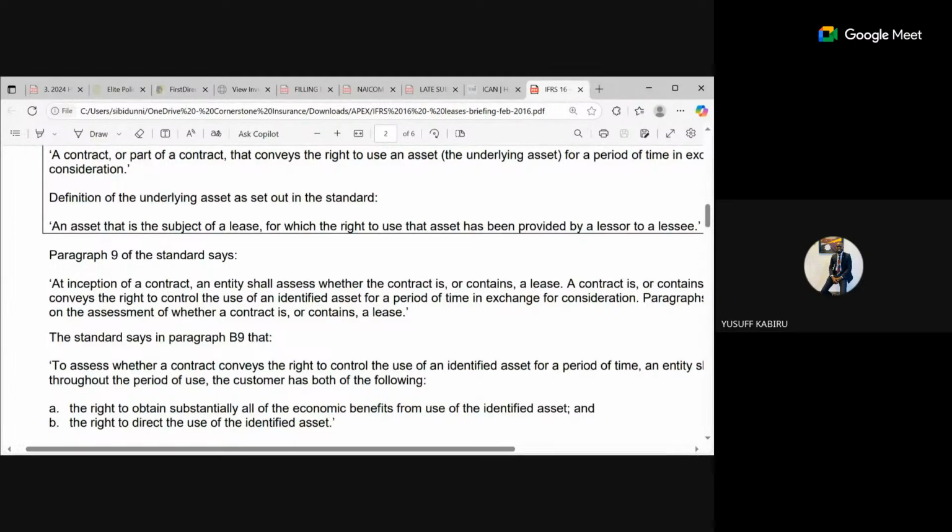You can see when it gives you the right to control the usage of an identified asset for a period of time in exchange for consideration, that is, in exchange for payments. When you are paying in such a way that you now have the right to control the usage of that asset, you can use it the way you want within the period you are paid for. A good example is a house that you rent. Within the time of your tenancy, you have the right to use it the way you want.